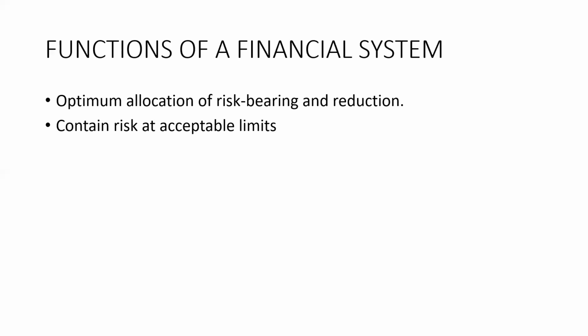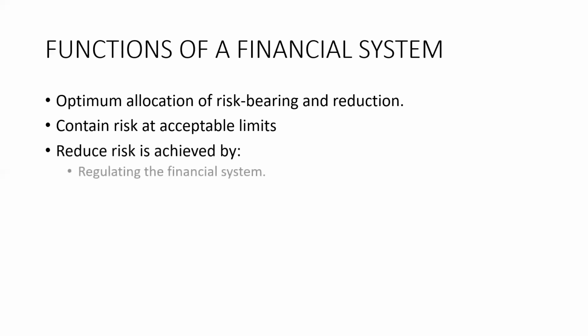However, the financial system provides certain means for reducing the risk. Reduced risk can be achieved by regulating the financial system. The financial institutions and participants of the financial system are regulated by different regulators that set rules for operating in the financial system, thereby reducing the risk.